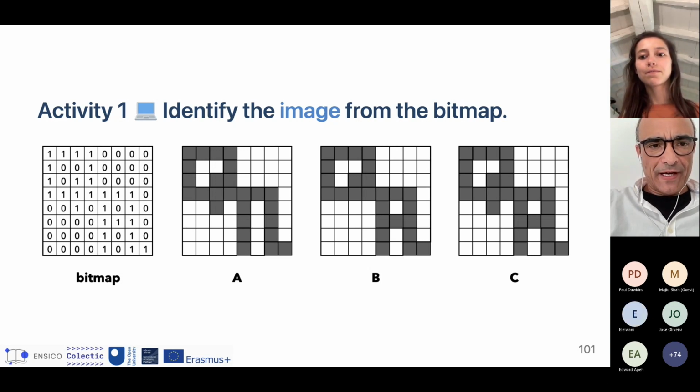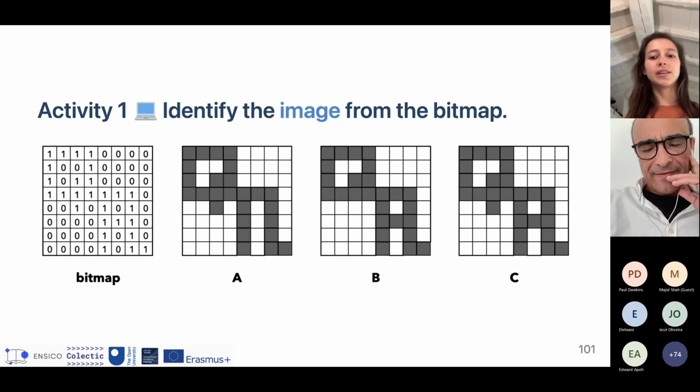You should now see the poll in front of you, and you should please choose among A, B, C. You can answer directly in the poll.